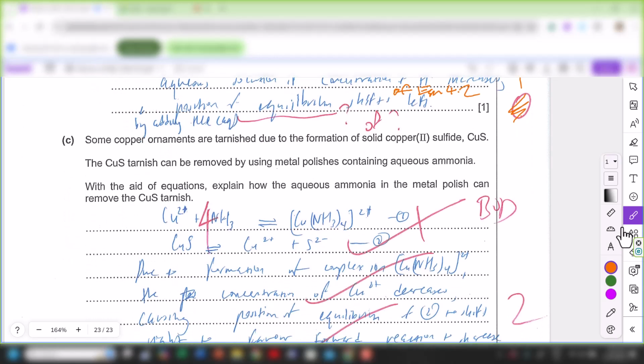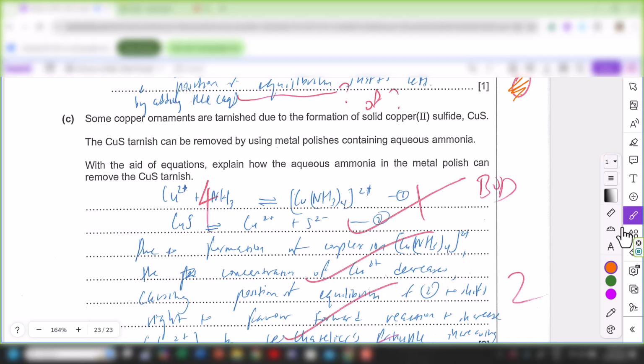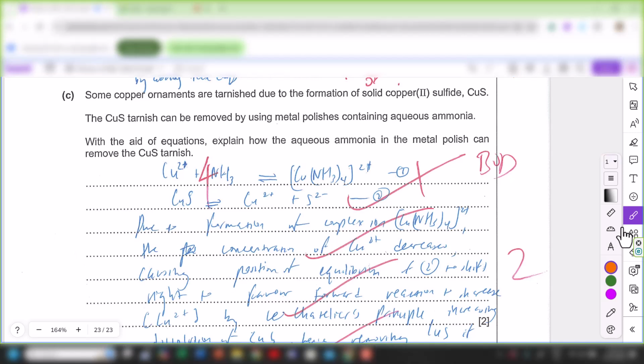Okay, this one you have to be a bit careful. They say that copper ornaments are tarnished due to copper sulfide. Usually you can polish them by adding aqueous ammonia. You need two equations to answer this question, equation 1 and equation 2.